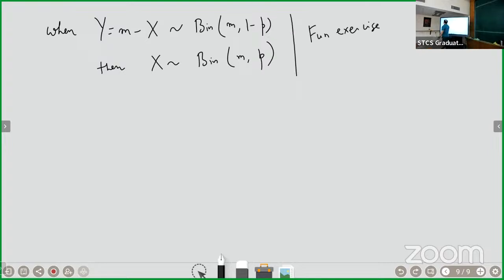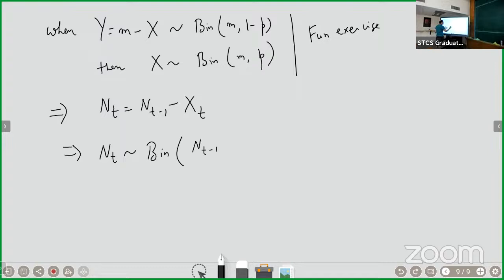What this implies is that, given that N t is N t minus 1 minus Xt, this fun exercise will imply this. We'll use this to prove an alternate proof of the previous theorem.